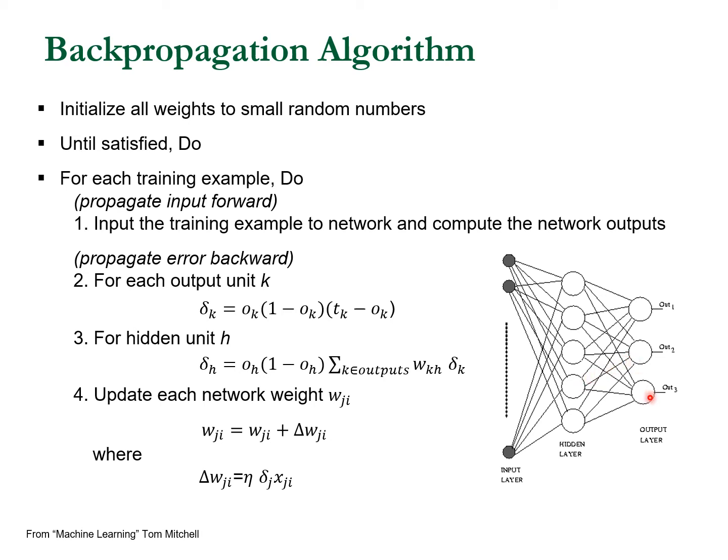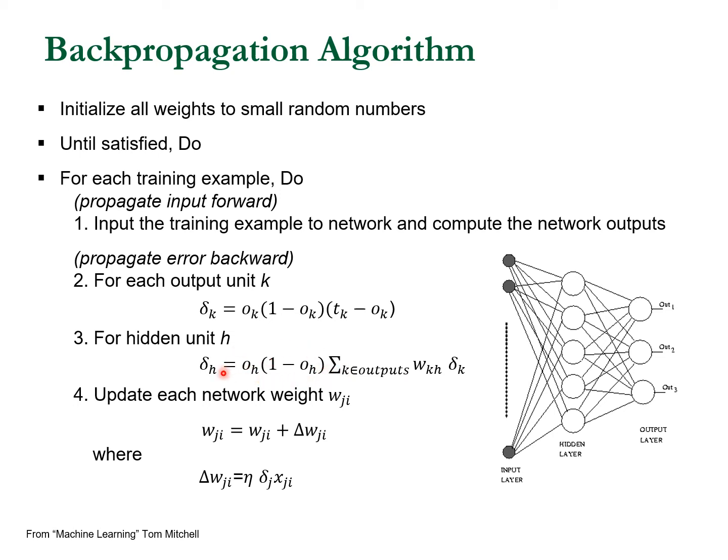Every delta value of an output node is multiplied by its corresponding weight value, and we do a summation here, and the summation is multiplied with this one.